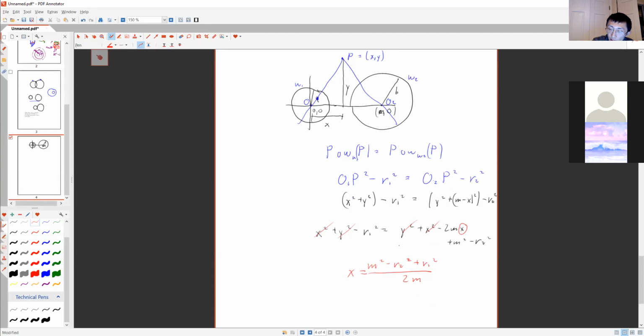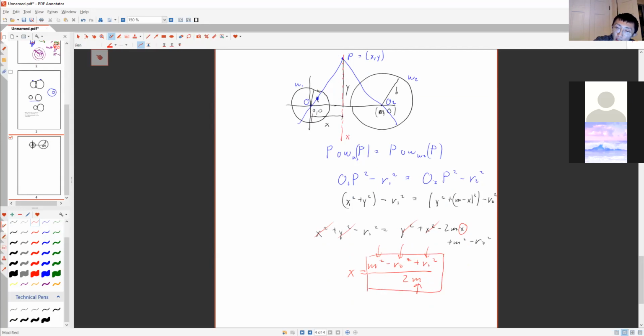And then we can notice here, M, what is that? That's just a constant, right? This is just the distance between O1 and O2. The radii are constants because these two circles have given radii. And this is a constant as well. So that means this is just a straight line with X coordinate, whatever this expression is.